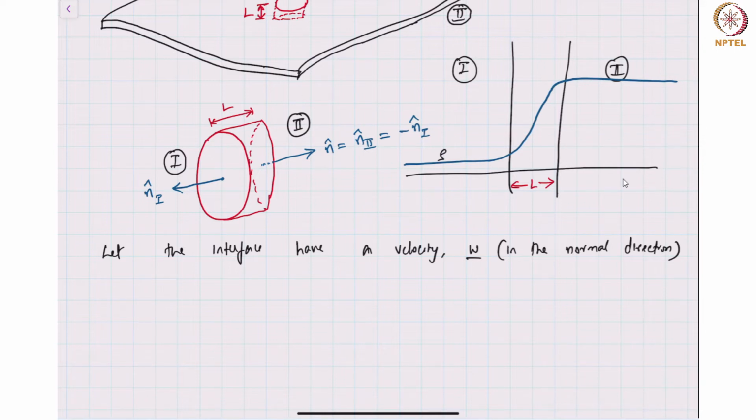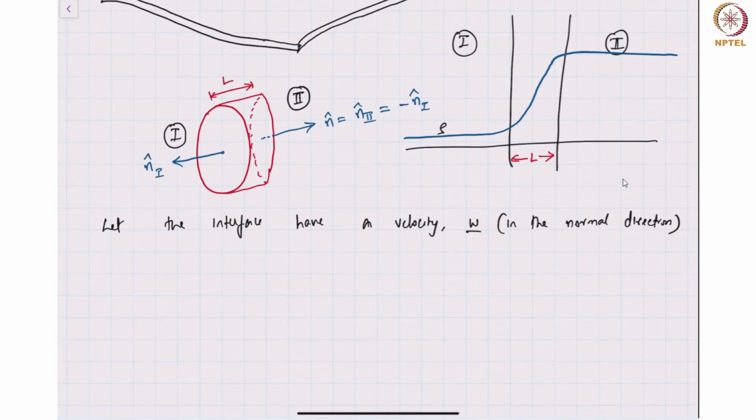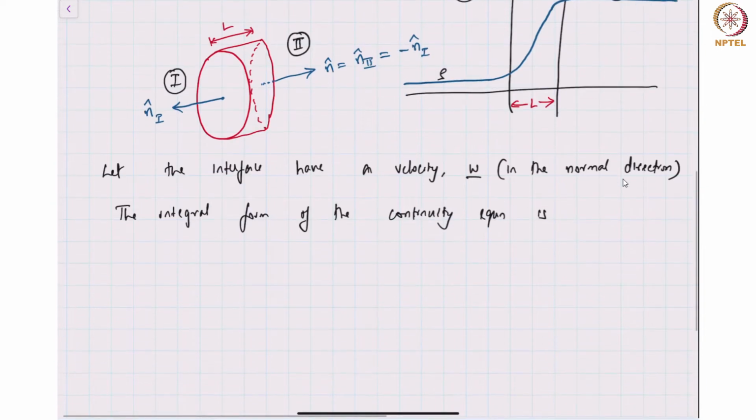Therefore, w is the normal velocity of the interface. We have already derived the integral form of the continuity equation. Let me write it again here for completeness.